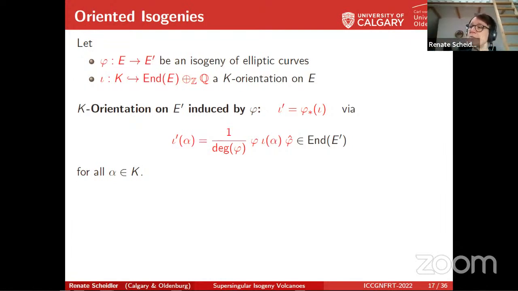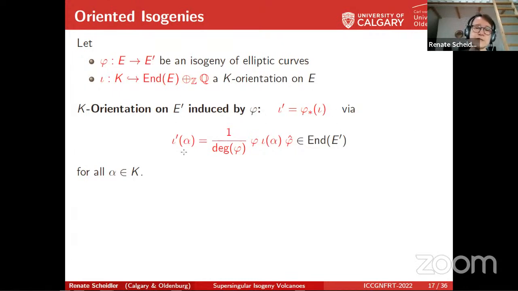Now that elliptic curve might have a completely different orientation by a different field. But that's no good, because you don't get any structure with this. If this elliptic curve has an orientation by this field and another one has an orientation by another field, that doesn't do us any good. So we want to make sure that we're using the same field for all the elliptic curves when we move along isogenies. And so for that, we compute the induced orientation.